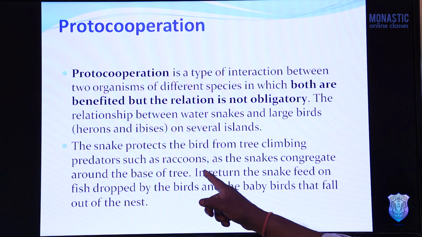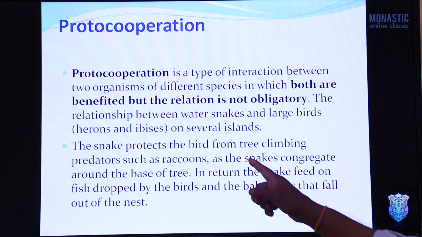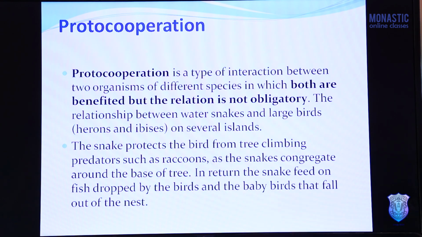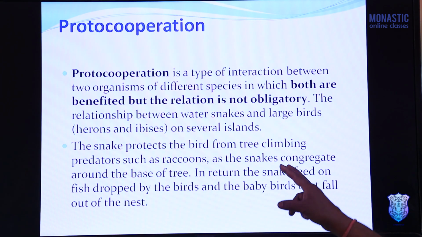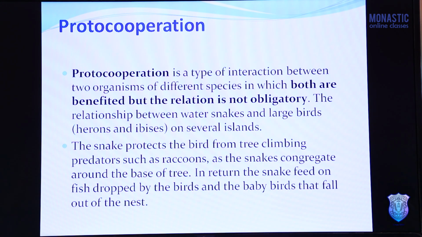Raccoons are large animals which are found near the sea, and they can climb trees. Raccoons are predators which feed upon the birds. So a snake saves the bird from raccoons, because the snakes congregate around the base of the tree.